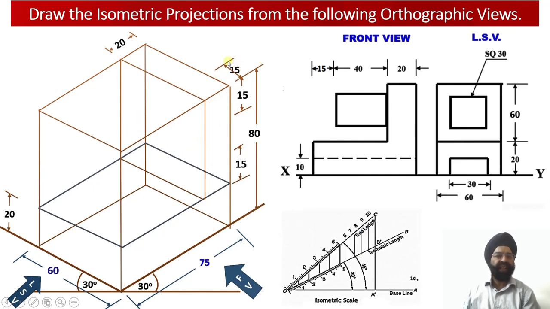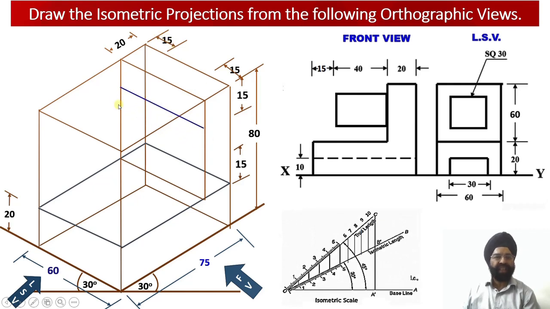Similarly, regarding the vertical lines, I have marked 15 millimeter from the right side edge, and a distance of 15 millimeter from the left side edge. So two vertical projector lines corresponding to this 15 and this 15 will be drawn.